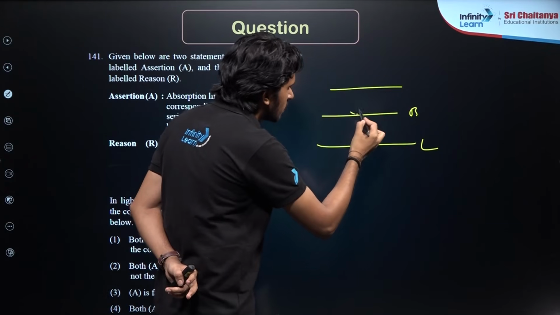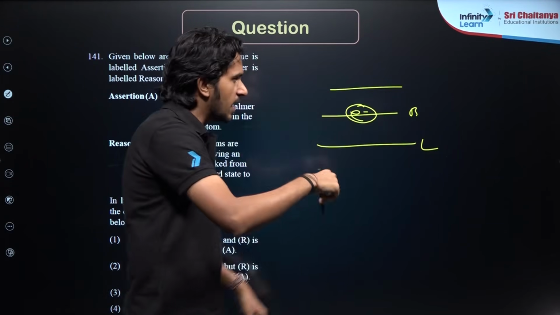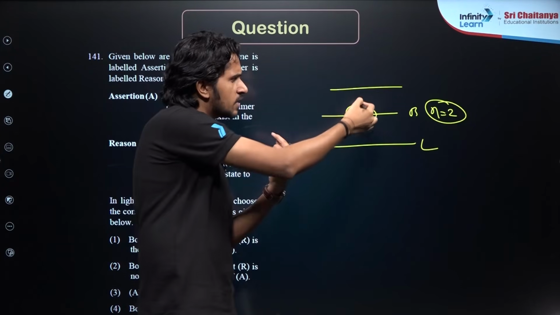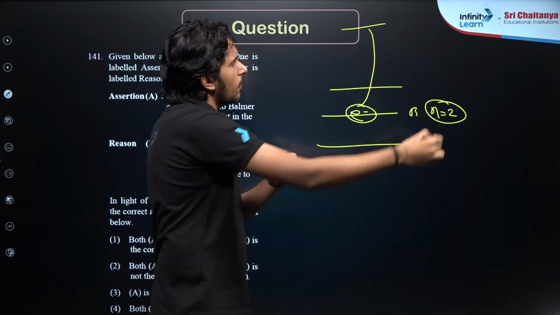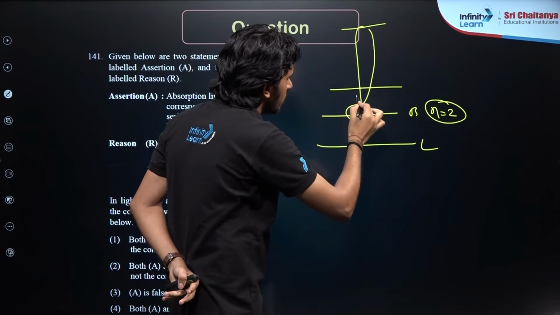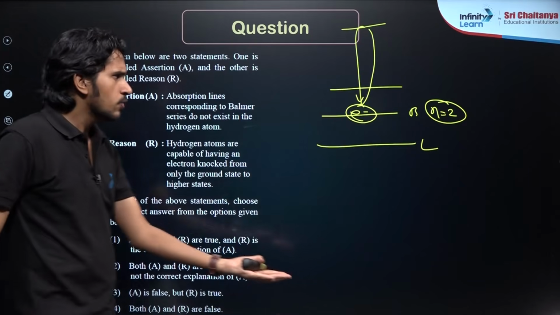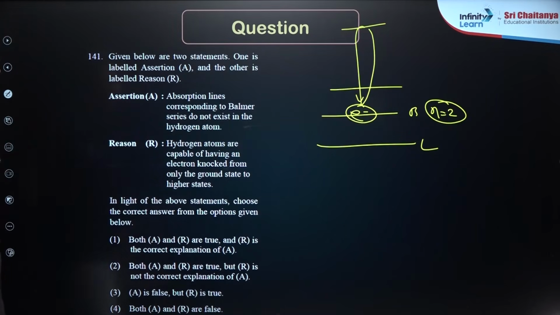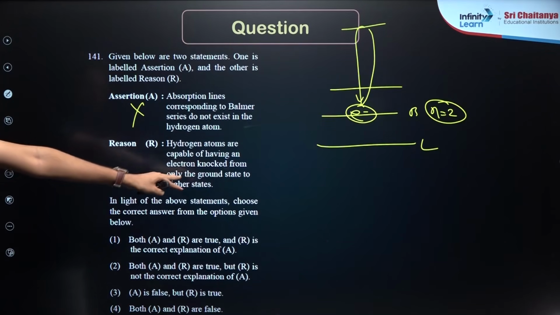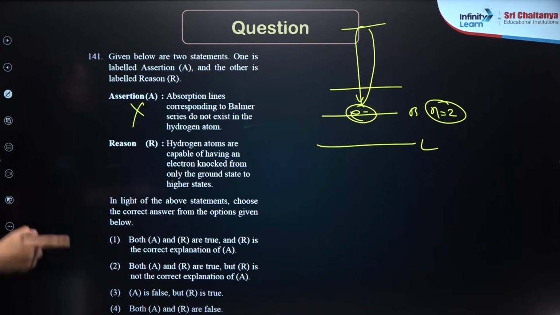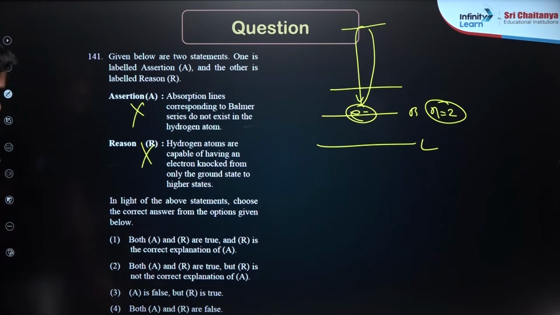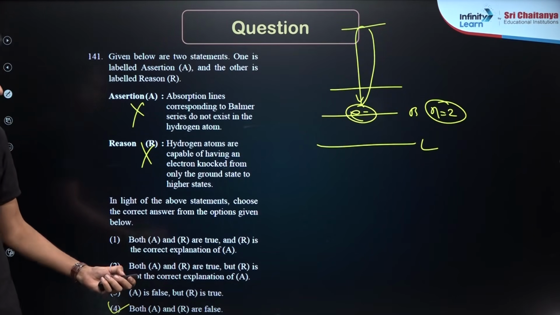If an electron exists in n equals 2, then when you give energy, it will get excited and go to higher excitation states, and when it comes back, we'll see the Balmer series. So that is absolutely wrong. Hydrogen atoms are capable of having an electron knocked from only the ground state. No, that is not true. That means both A and R are false.